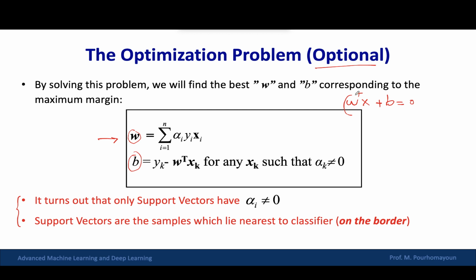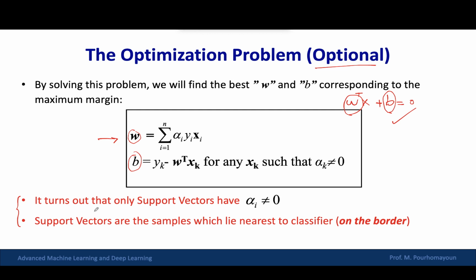So we need to find W and we need to find B to find the line. So here you go. After solving Lagrange multipliers, I have B and W, and it's equal to something. These are Lagrange multipliers, but it turns out that this is something good to know.